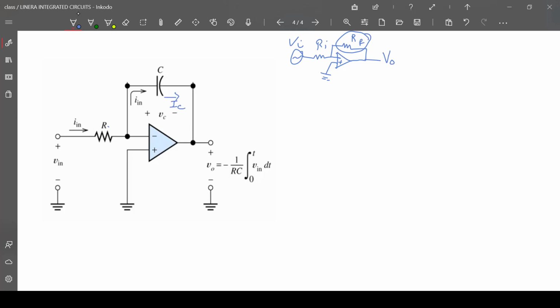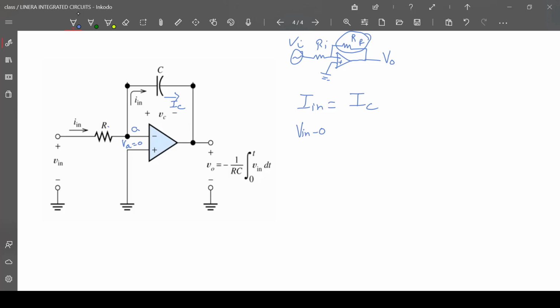So from this circuit diagram, if you apply the current law, the input current is equal to the capacitor current. The input current can be written as V in minus 0. So consider this is node A. At this node A, the corresponding voltage VA is equal to 0.